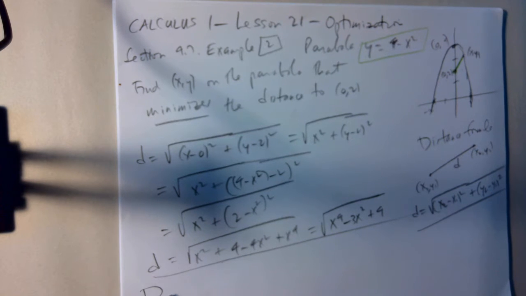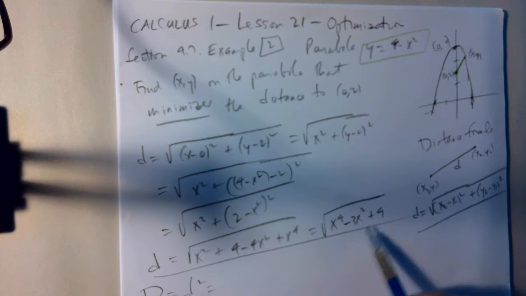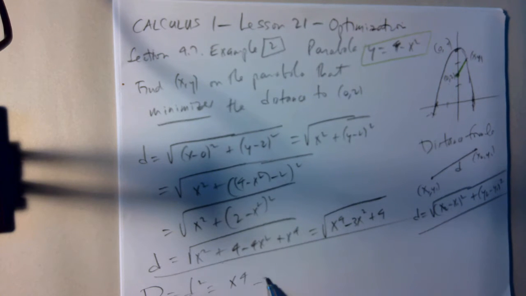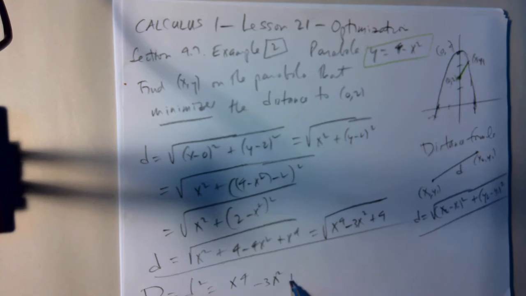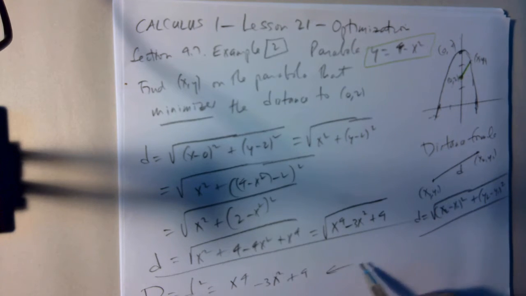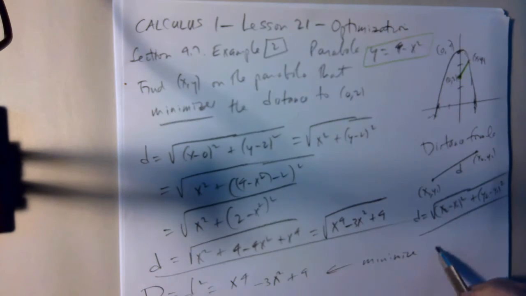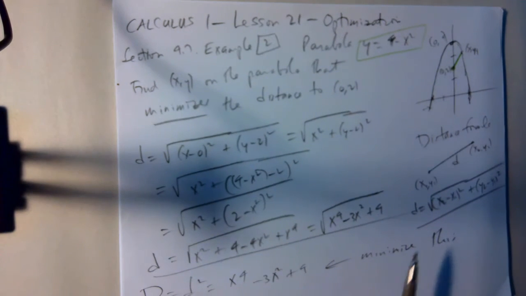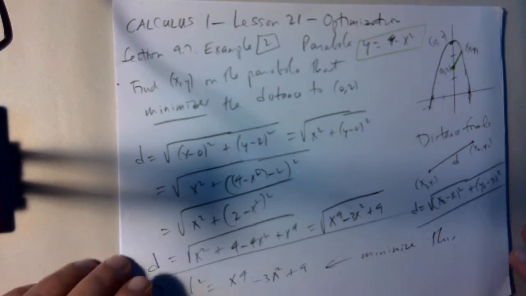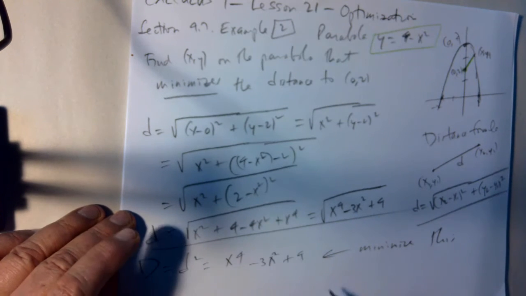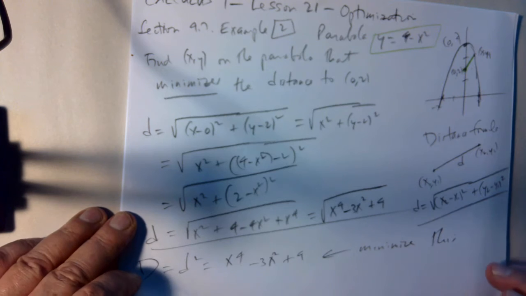So suppose I let capital D be the distance squared, so you can get rid of the square root, that's x to the 4th minus 3x squared plus 4. And you want to minimize this. That means find the value of x for which this number is a relative minimum.